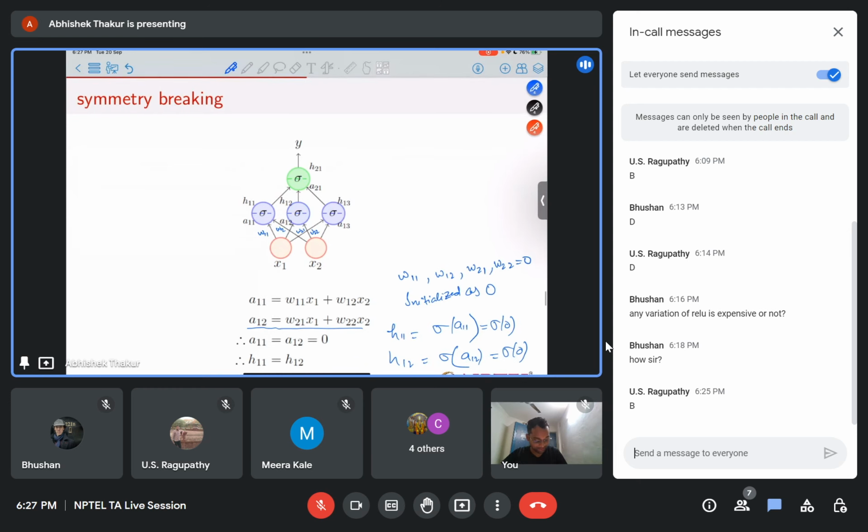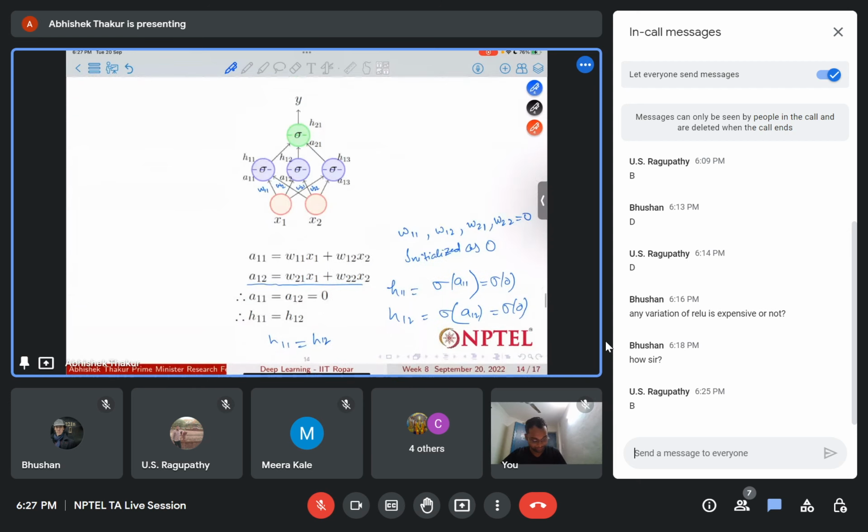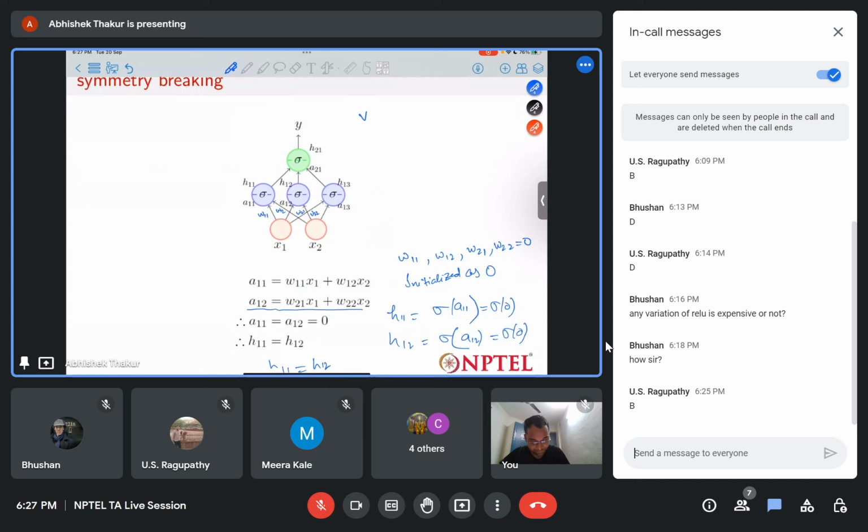When you find the gradients, the gradient is just the derivative of the loss function, using the chain rule.